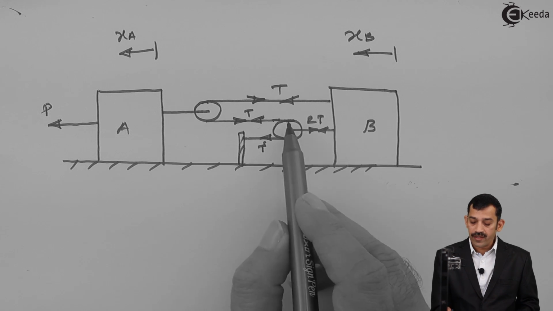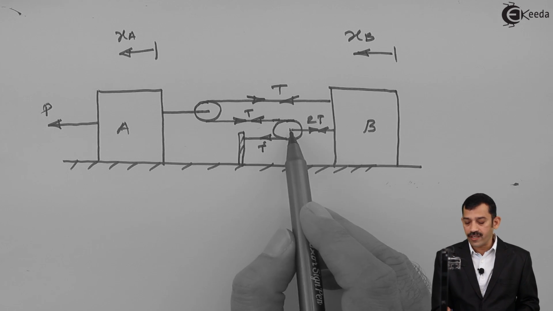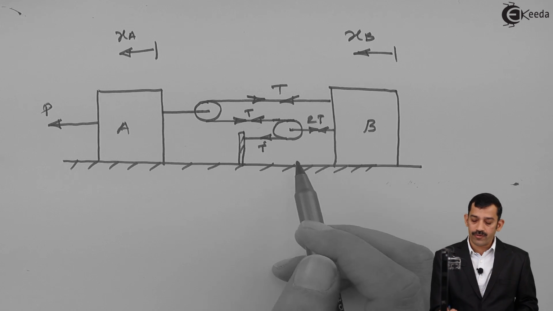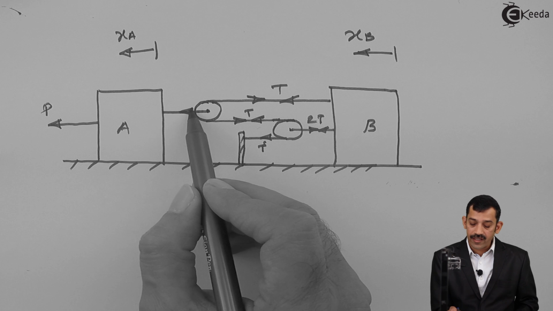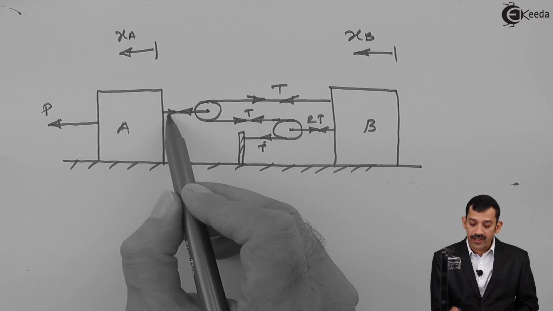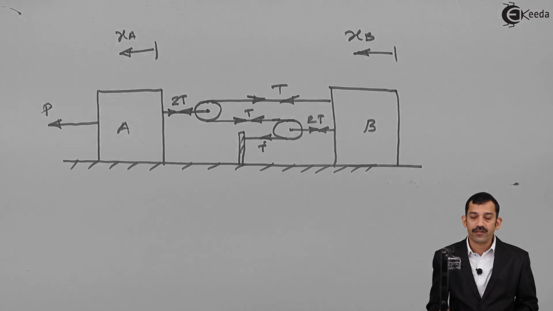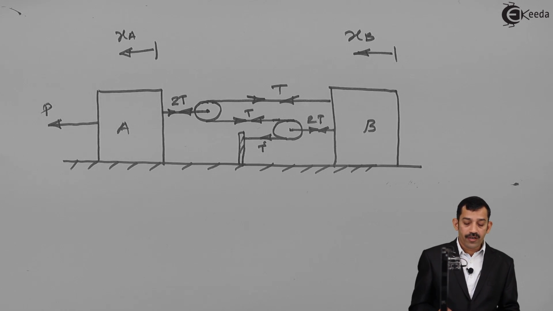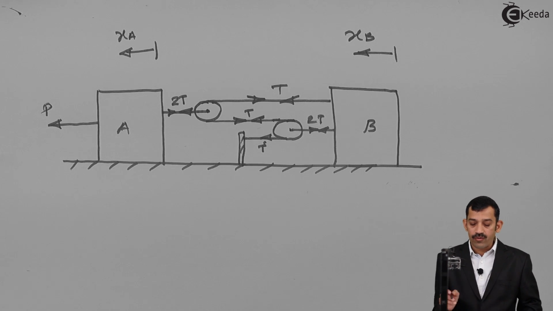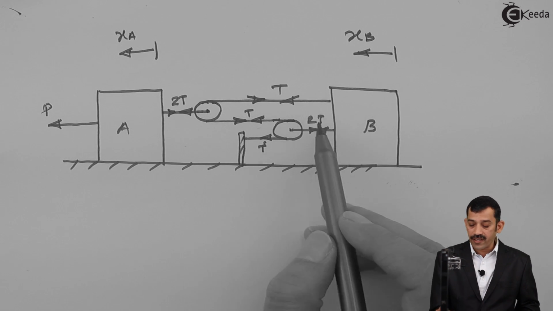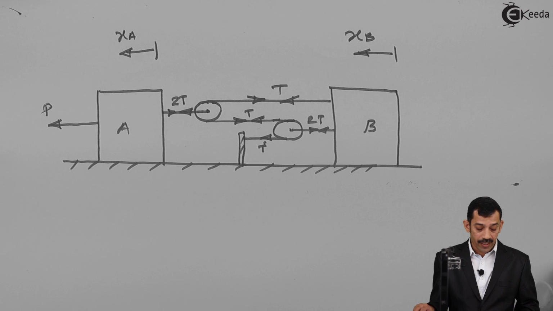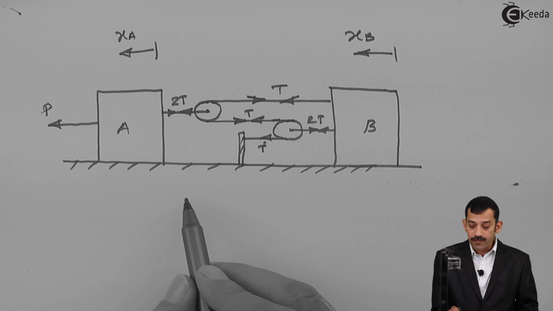That means to balance T and T, the tension developed is twice T, with T and T acting in the leftward direction. That means on the pulley the tension developed must be twice T. Here also the same thing, T and T, so what is acting here is twice T addition. That means the tension developed here is twice T. On block A the total tension acting is twice T. And on block B the total tension acting is twice T plus T. That means what is the relation between displacements?